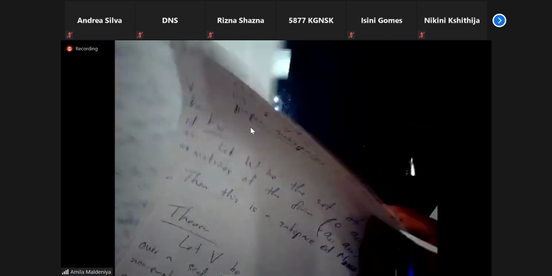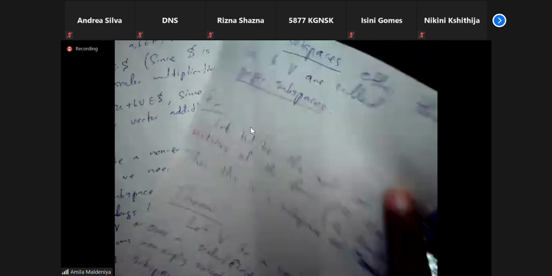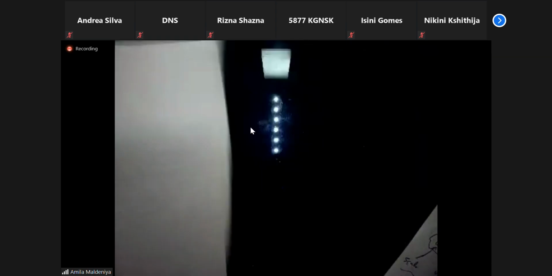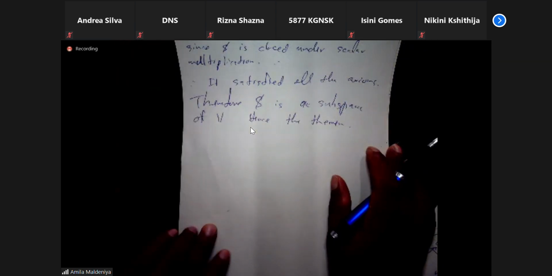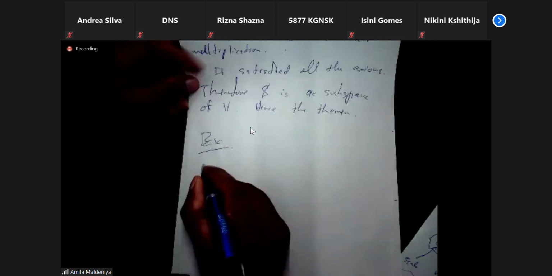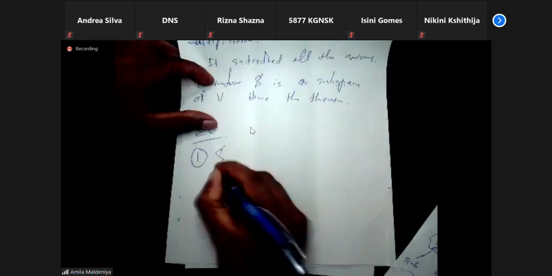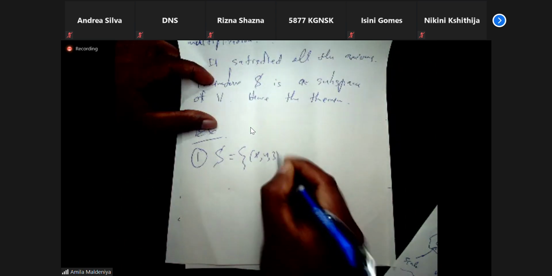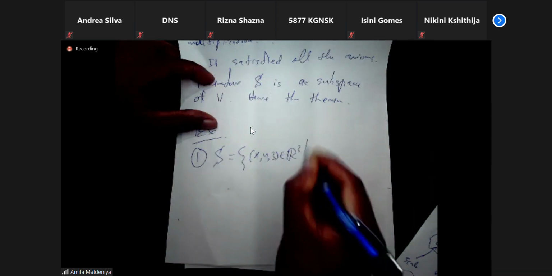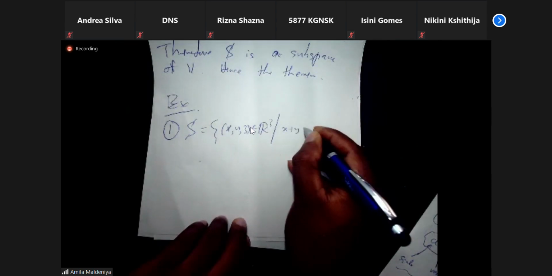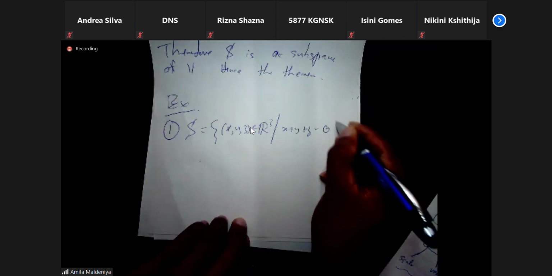Now let's go ahead. Give me a moment to manage my notes. Now let's look at a specific example. First one: let S be the set of elements in R3 such that x plus y plus z equals 0.